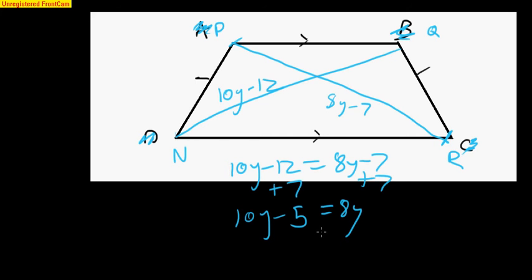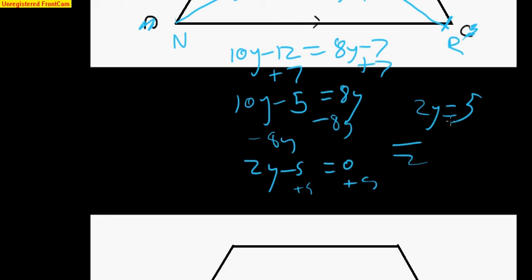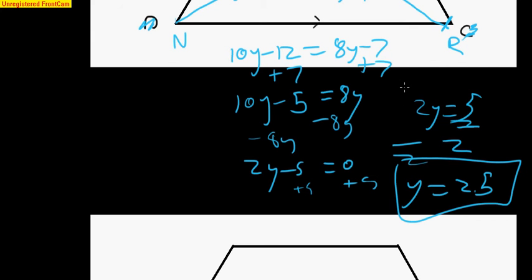I'm going to go ahead and subtract 8y from both sides, and that's going to come out to be 2y minus 5 is equal to 0. So 2y is equal to 5 because you add the 5. Divide by 2. Y is equal to 2.5. I believe that is how you would do it. Yes, y is equal to 2.5.